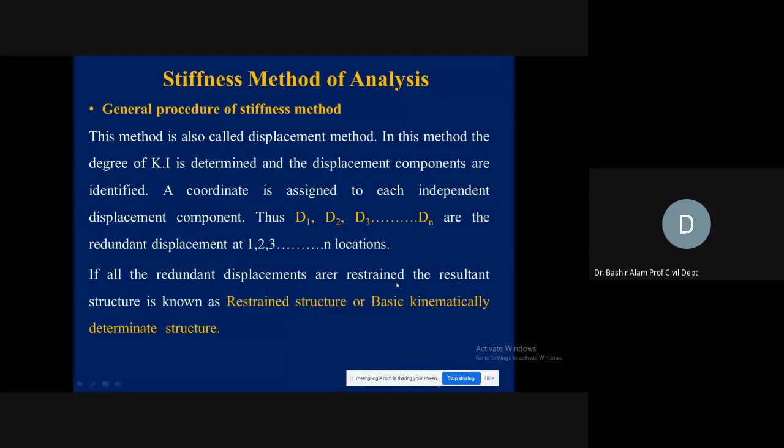How was it done? We removed the redundant actions, and the structure was known as the basic determinate structure or primary structure. Now, how are we going to make this structure kinematically determinate? We will make it kinematically determinate by locking it, by not allowing the displacement which is there. So how can we do it? We need to restrain it.